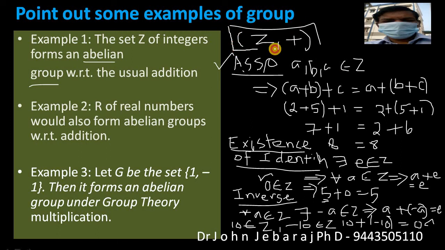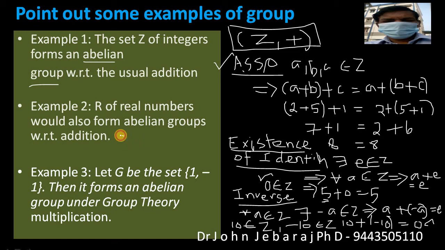Okay, so now you come to this particular algebraic structure. This algebraic structure, the integer set with the usual addition, is a group, of course. But here you see that the commutative law is also satisfied. Am I correct? How is it satisfied?